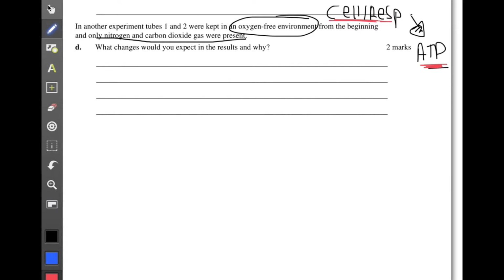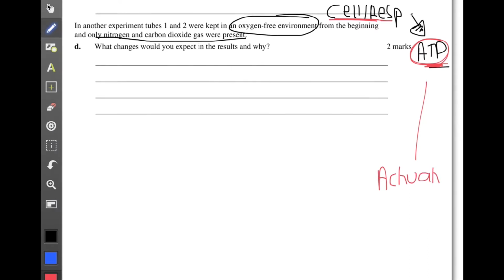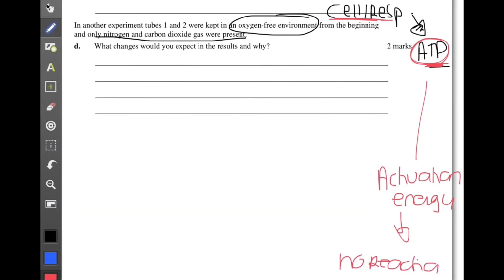Well, all reactions occur because they need energy. Remember, activation energy. So if we don't have any energy to start the reaction, will the reaction occur? No. If we don't have any activation energy, no reaction can occur. If no reaction can occur, what will our results look like? We'll say no change in colour.